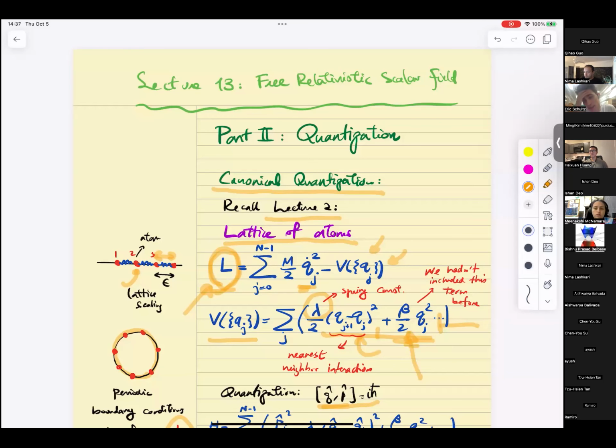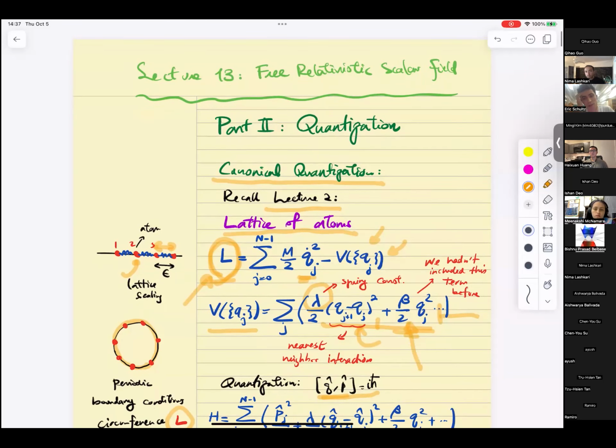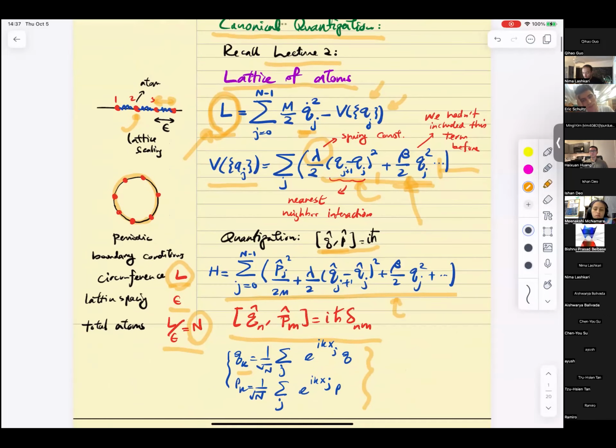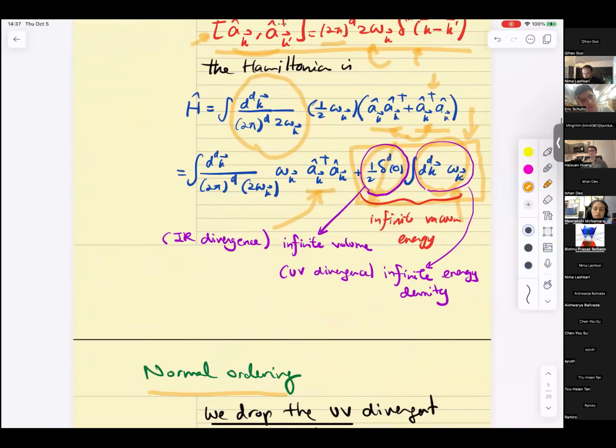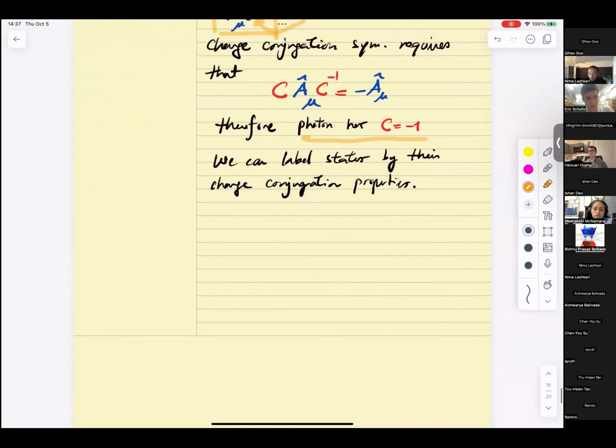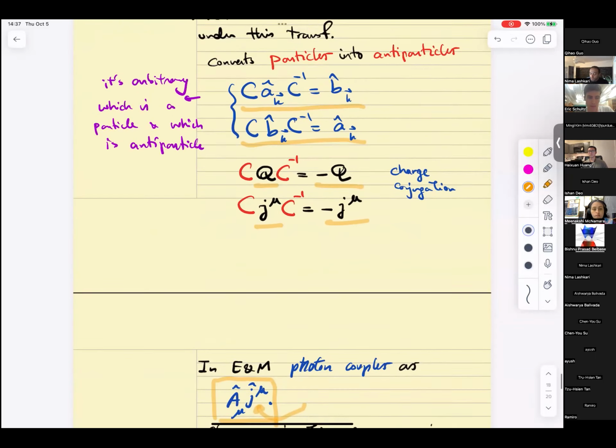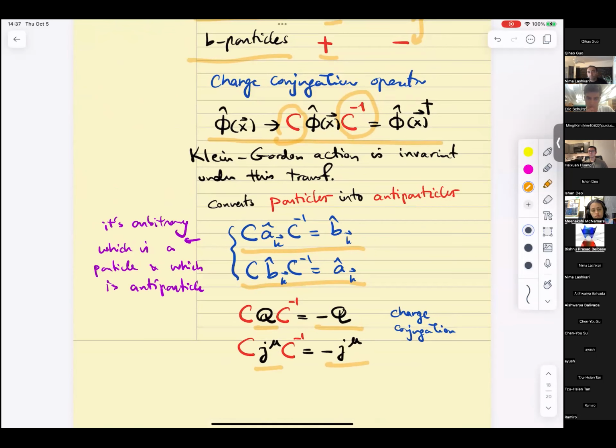If the photon has C equals -1, what particles have C equals +1? Yeah, very good question.